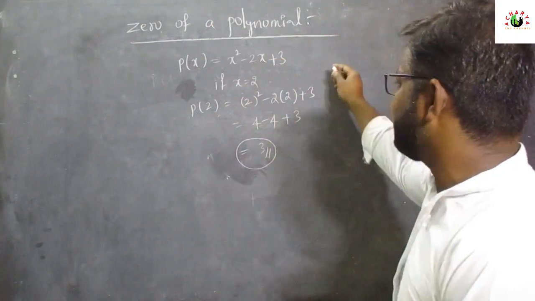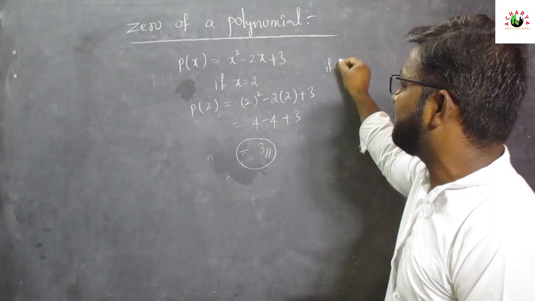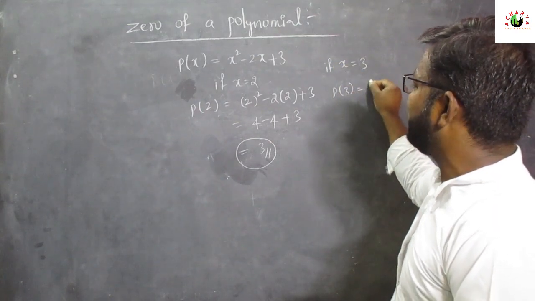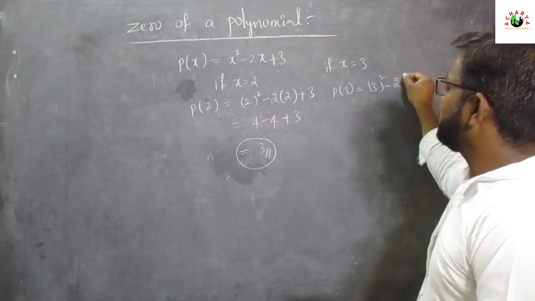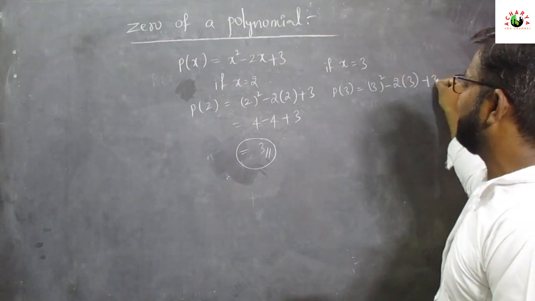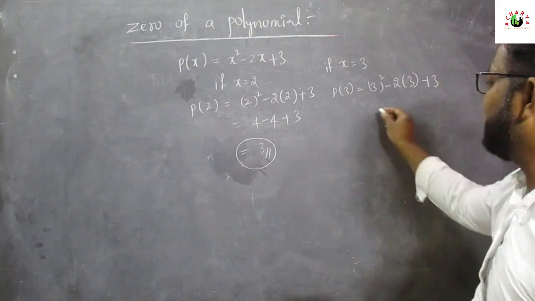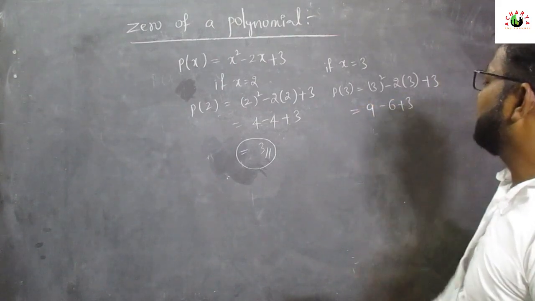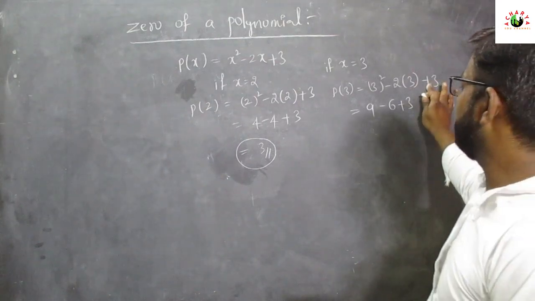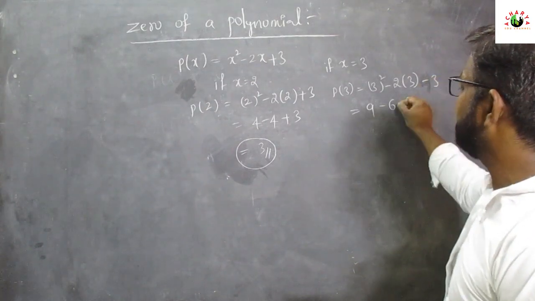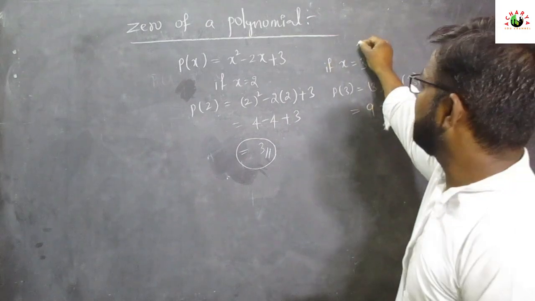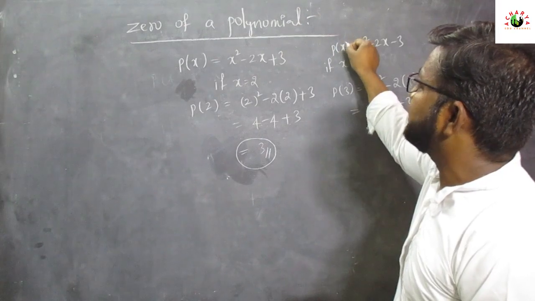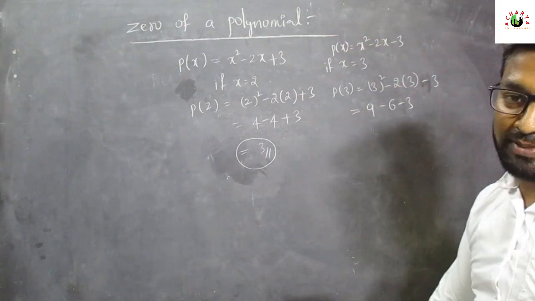For example, let us take minus here. P of x is equal to x square minus 2x minus 3.